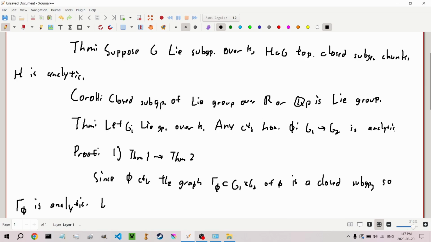We're going to let P be the restriction of the first projection of G1 times G2 onto the graph of phi, making it an analytic homomorphism with a trivial kernel.